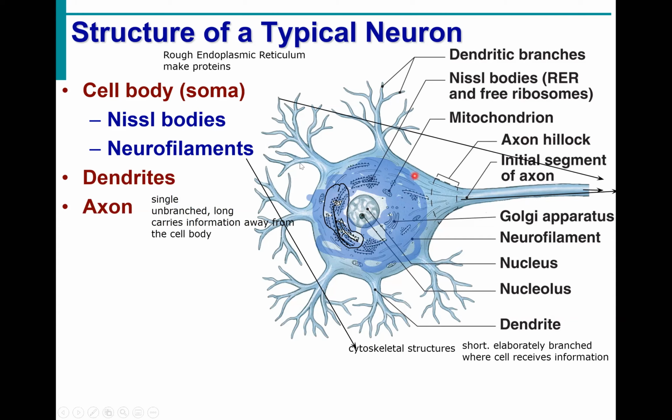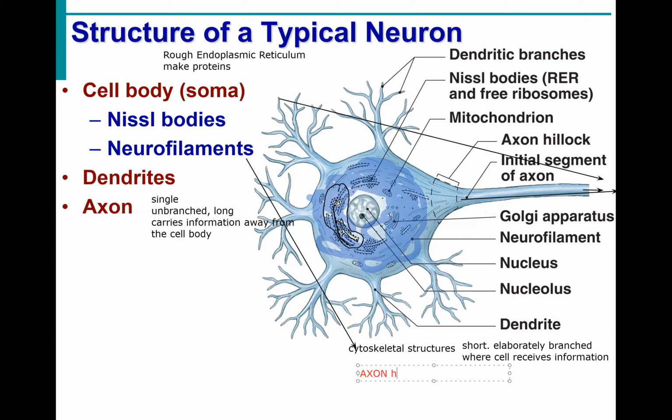Now, the other thing about the axon, and this is probably a good place to mention this, so let's change colors to emphasize this. Our axon, where am I going to put this? I'll sneak it in down here, just for lack of space.